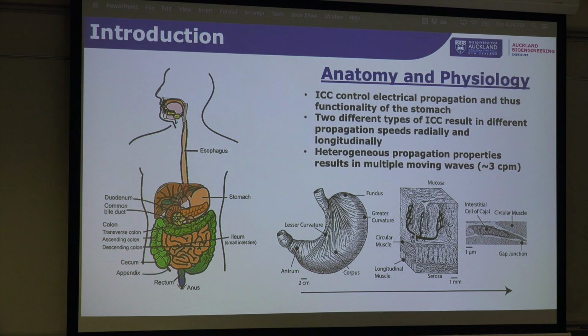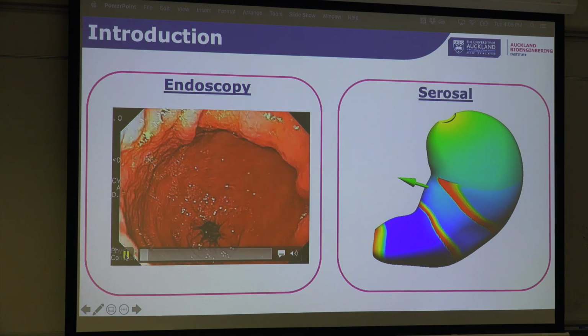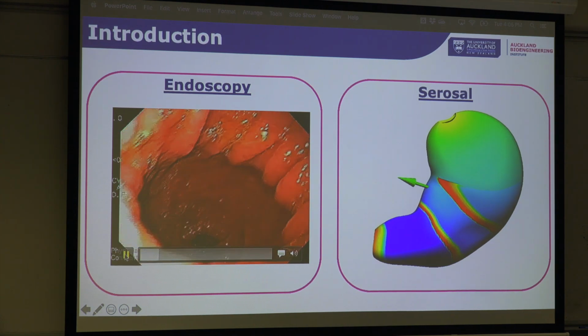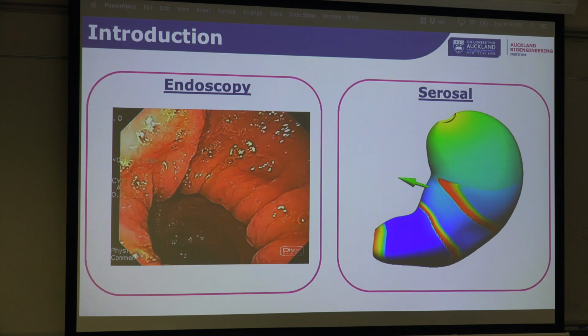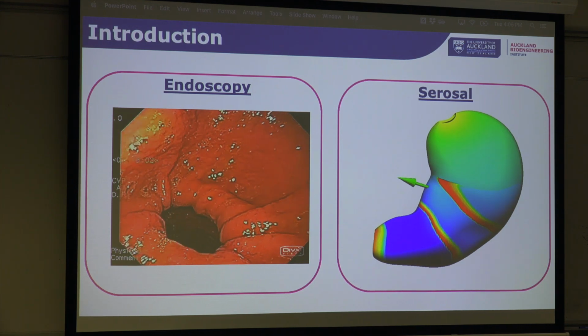Normally, this propagation occurs at about 3 cycles per minute. We've got a quick little demo here of what that actually looks like if we look at it endoscopically, with an endoscopy, or if we look at it serosally. If we look internally, we can see these slow moving waves going down the stomach at about 3 cycles per minute.